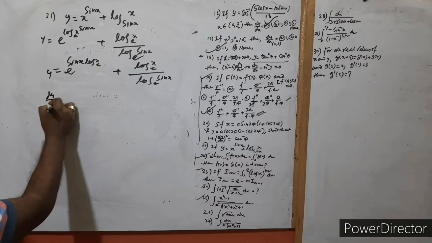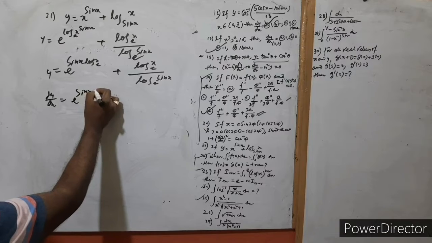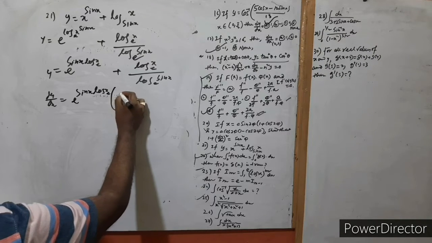So differentiate this dy dx and we get same as this, and also differentiate this as a u into v.